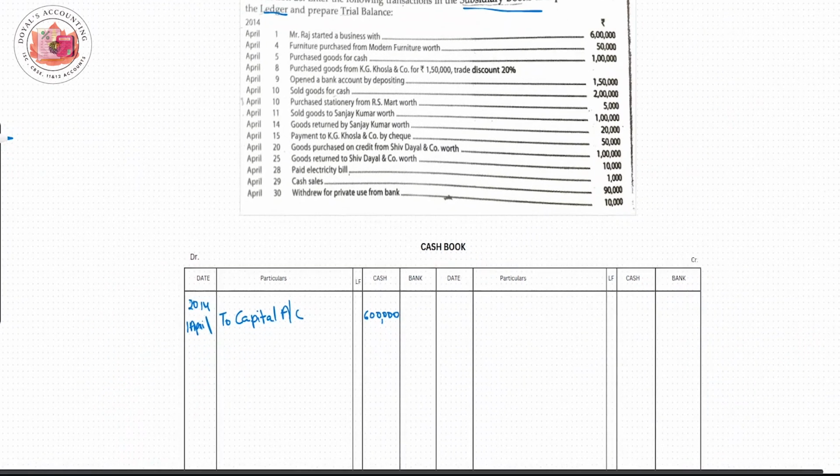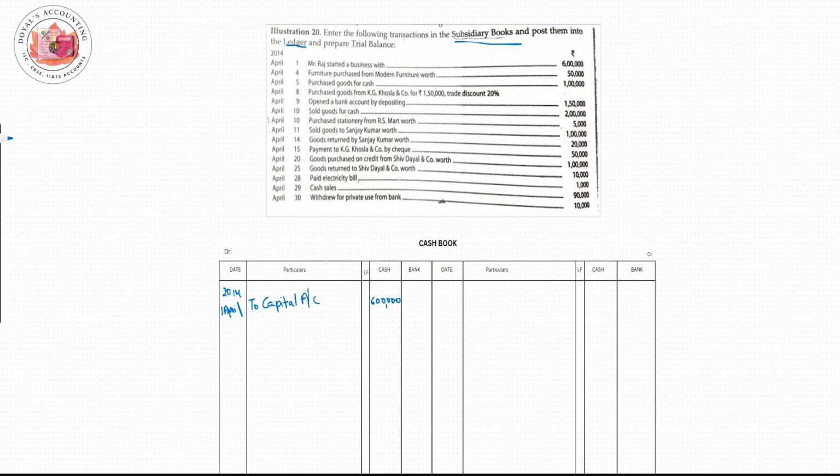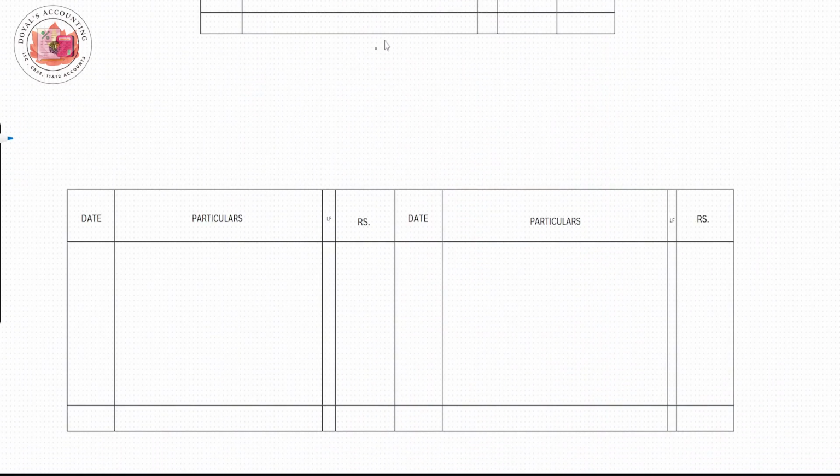Then the corresponding entry I will record in my ledger. So from here onwards I will write ledger accounts, and this is my capital account.